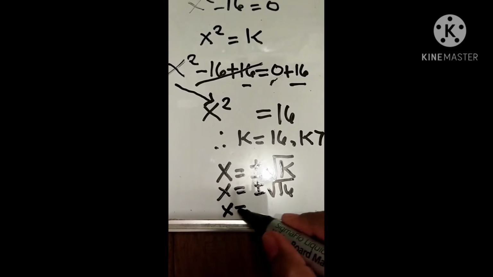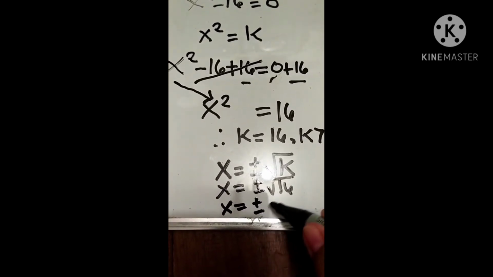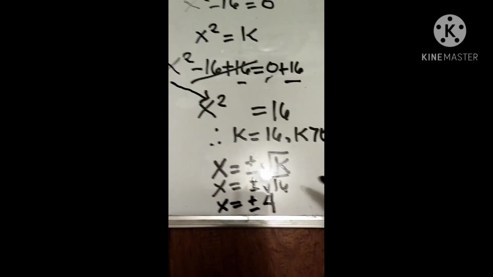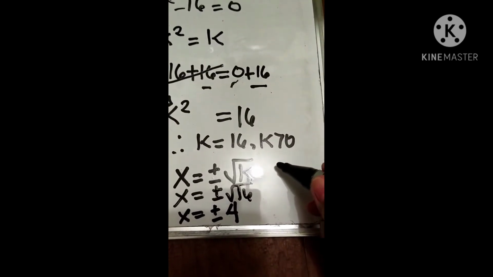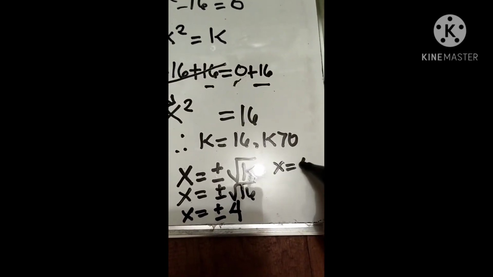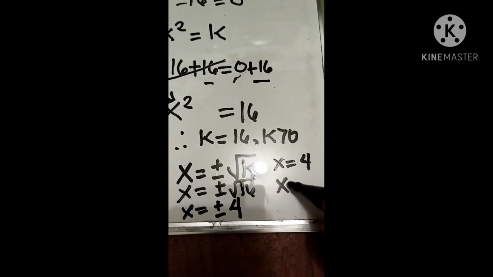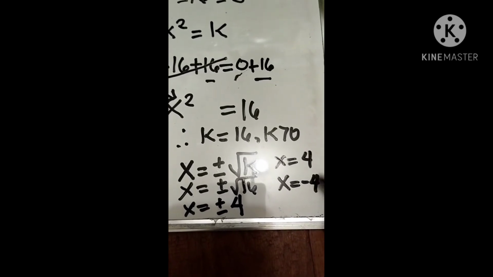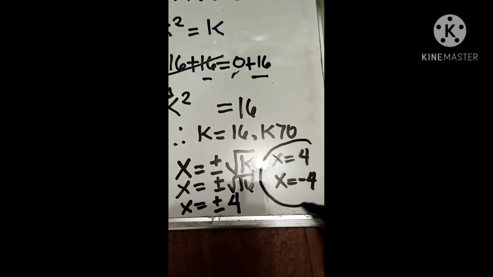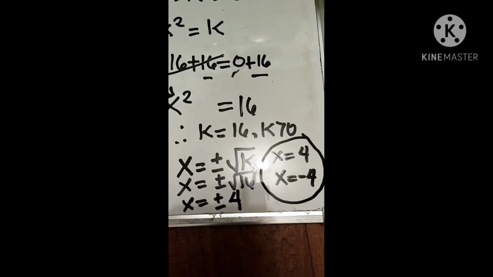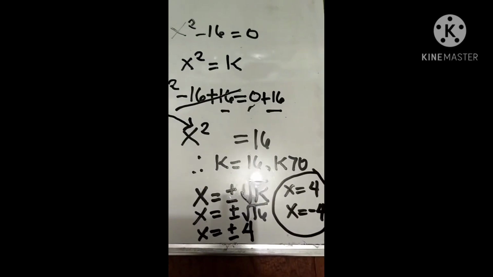Therefore, your x is positive and negative 4. The values of x are positive 4 and negative 4. Those are the two solutions.